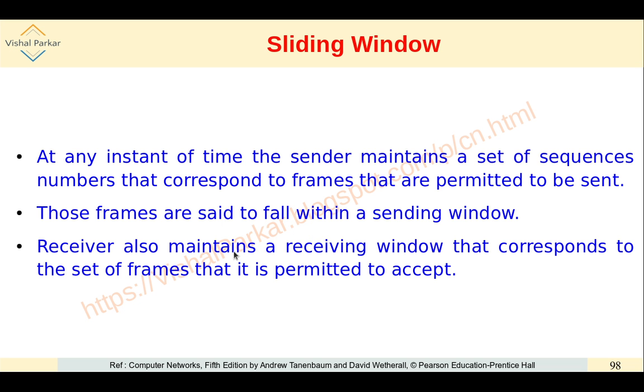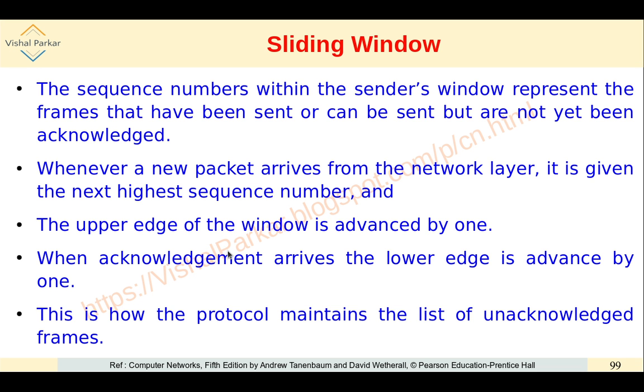The receiver on the other side also maintains a receiving window that corresponds to the set of frames which are permitted to be accepted. Now, in the case of the sliding window, the sequence numbers within the sender's window represent the frames that either have been sent or can be sent but have not yet been acknowledged.